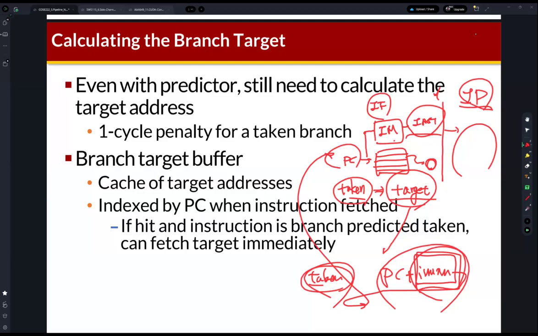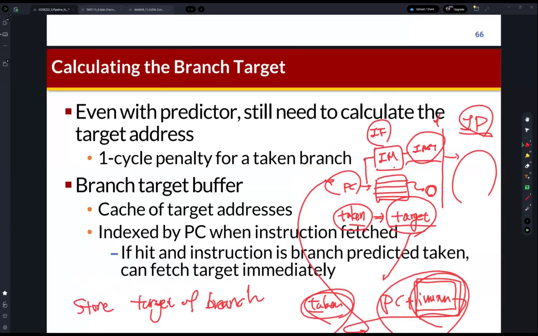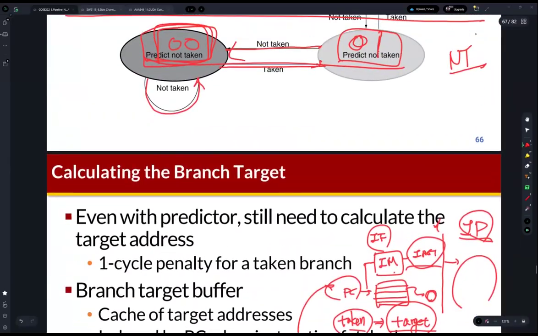We can also store the target of the branch instruction. How? We just learned that the target of a branch instruction is calculated from the PC of the branch, and we know the PC in the instruction fetch stage. So this is okay.